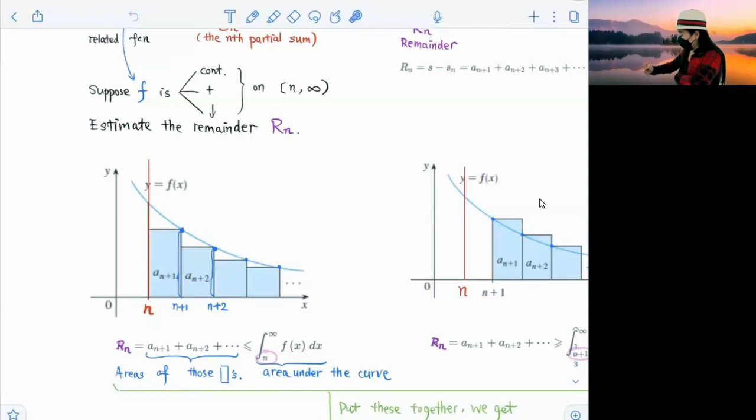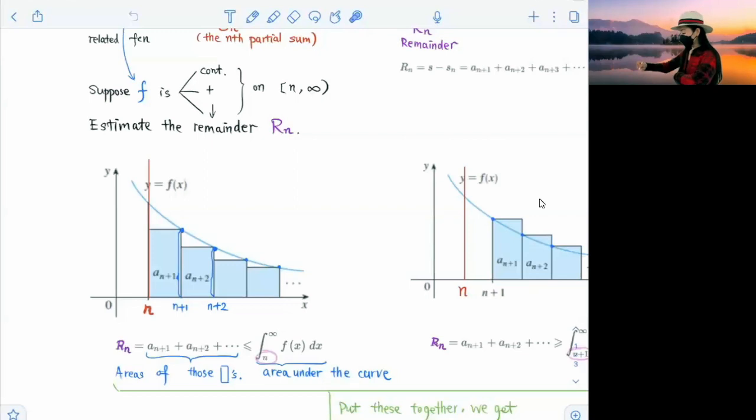Now, the index over here is n plus 1, so the height of this is a of n plus 1. The function value is a of n plus 1. This index here is n plus 2, and the height of that is a of n plus 2, because this function is related to the series. Remember, replace the n by x.